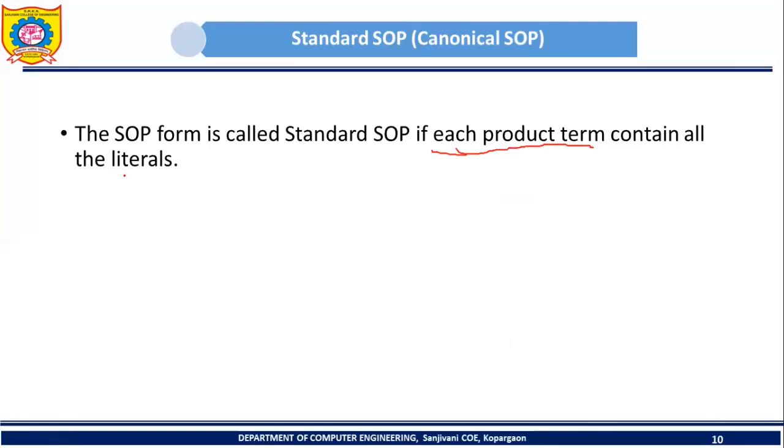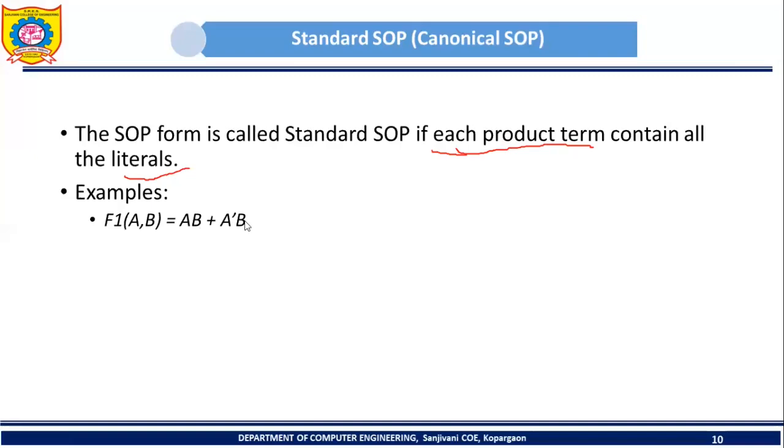Let's try to understand. What is meant by literal? If we have some function like f is equal to abc, here we can say that a, b, c are the literals. So let's see one example. Suppose we have function f1, a function of two variables a and b, and it is defined as a and b, or a prime and b.